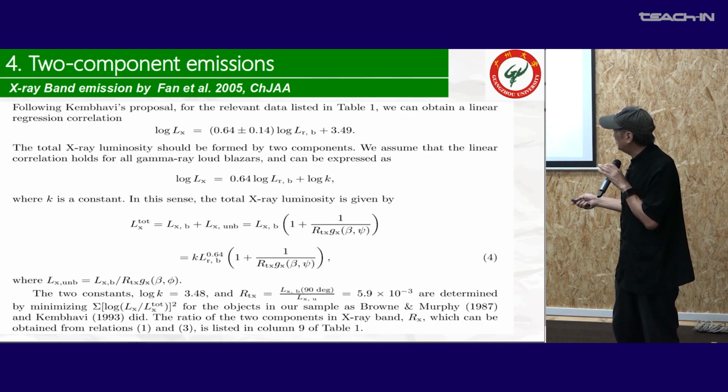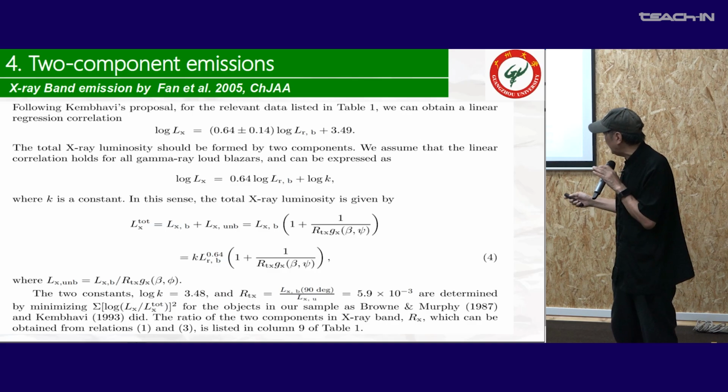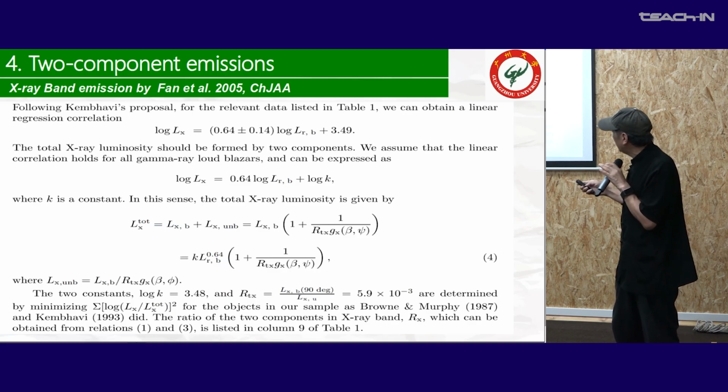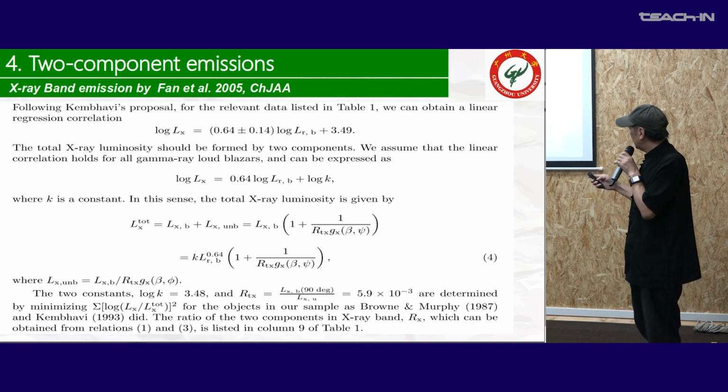But here we have two parameters. One is this alpha_RX and the other is g_X. Alpha_RX can be obtained from minimizing this value, and k we can also get from this method, because for the X-rays the total emission is also from the two components. Here g_X can be written this way.